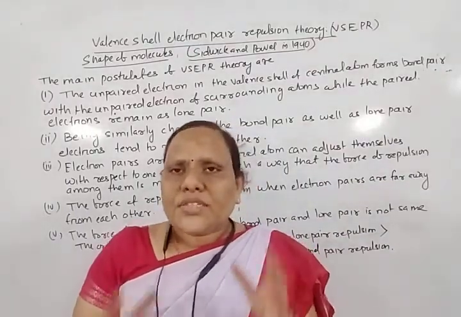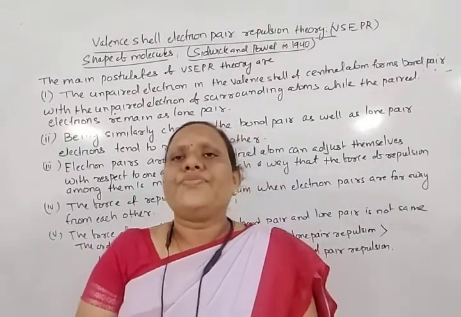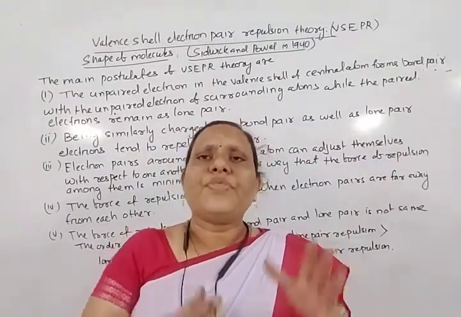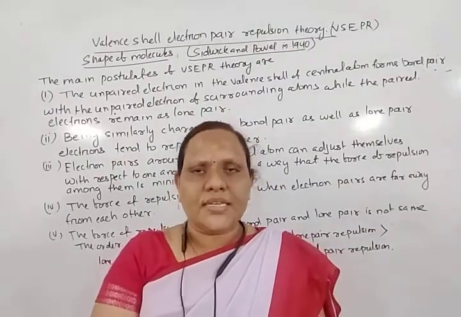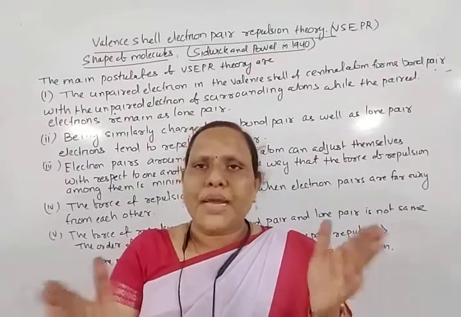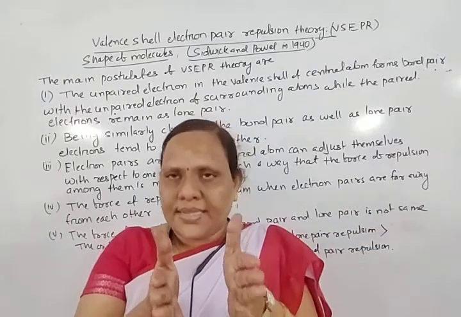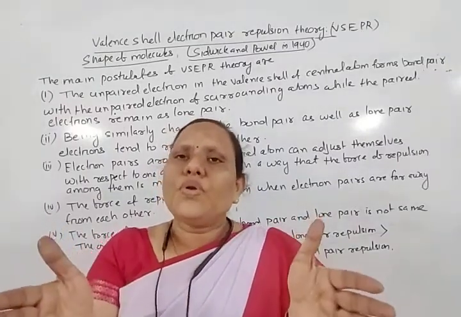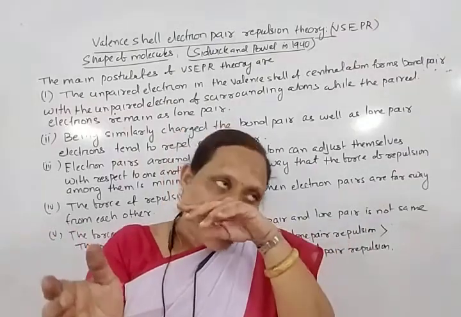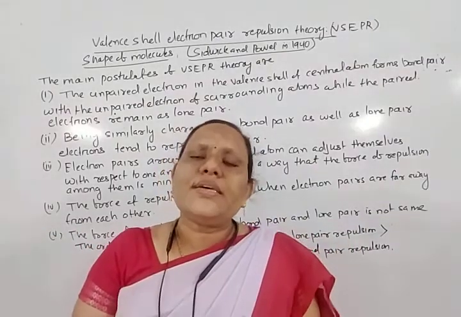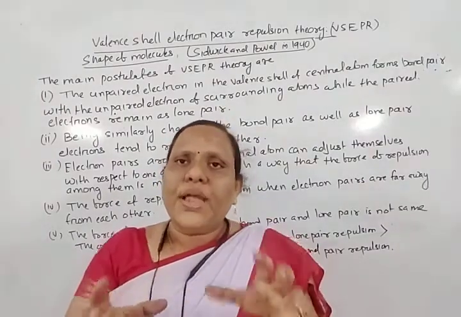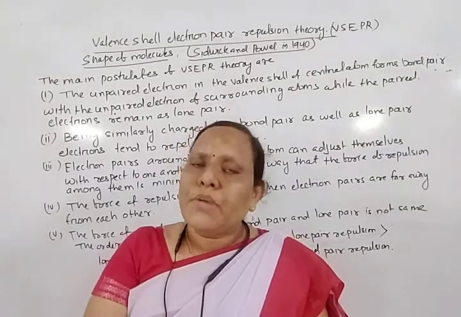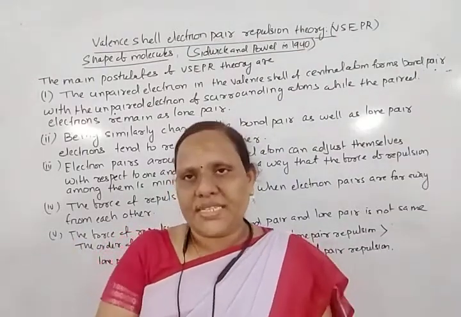So the molecule adjusts itself in such a way that there exists minimum repulsion between them, and for minimum repulsion, they want to remain at maximum distance apart. If two substances repel each other and you keep them closer, the repulsion is more; if you keep them at more distance, the repulsion is less. The attractive force depends on distance, and similarly the repulsion also depends on distance.